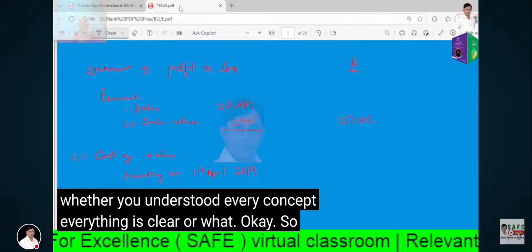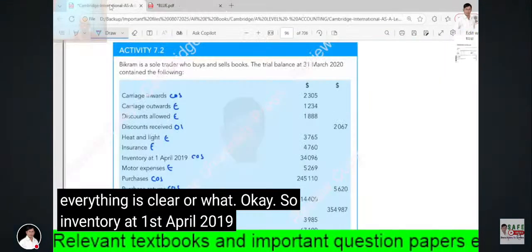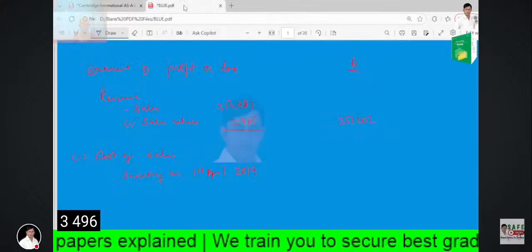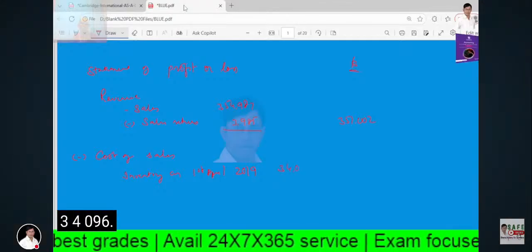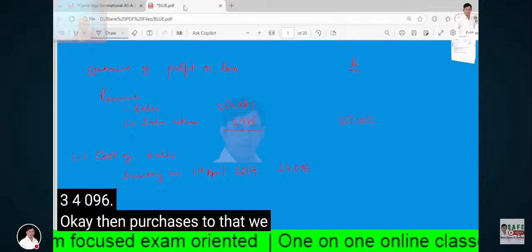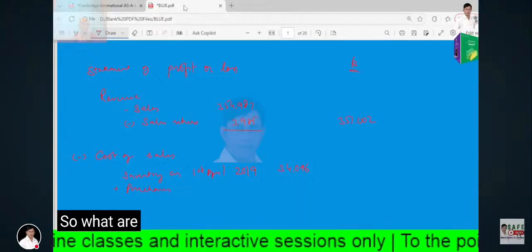Okay, so inventory at 1st April 2019, 34096. Then purchases. For that we need to add purchases. What are the purchases?